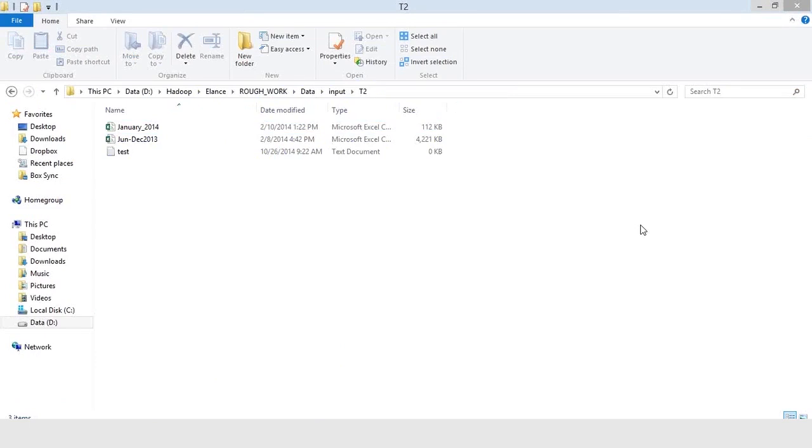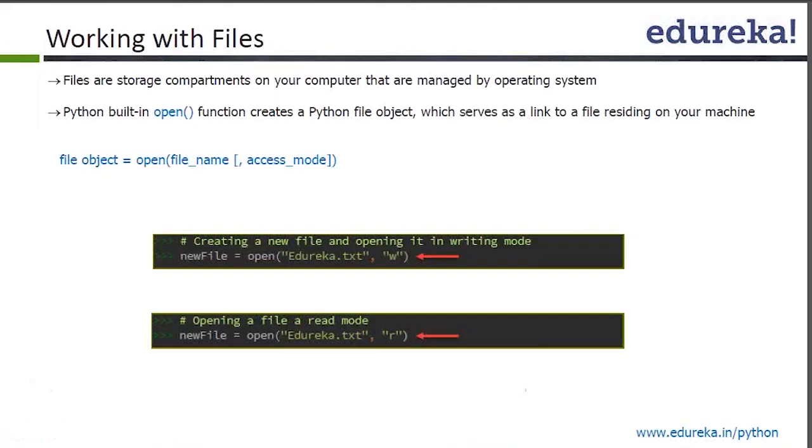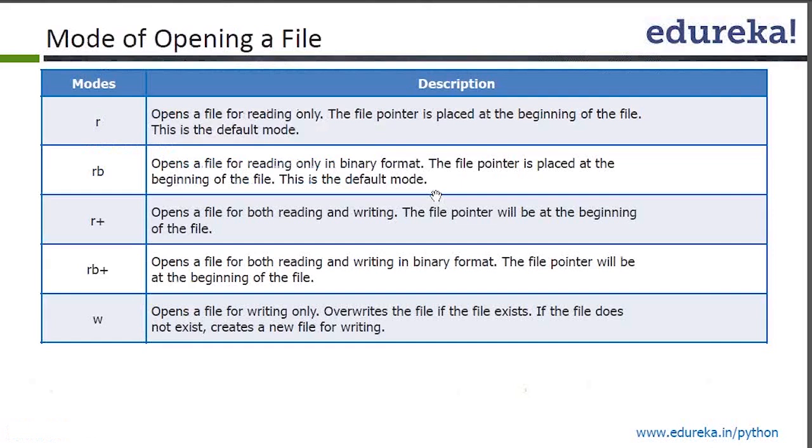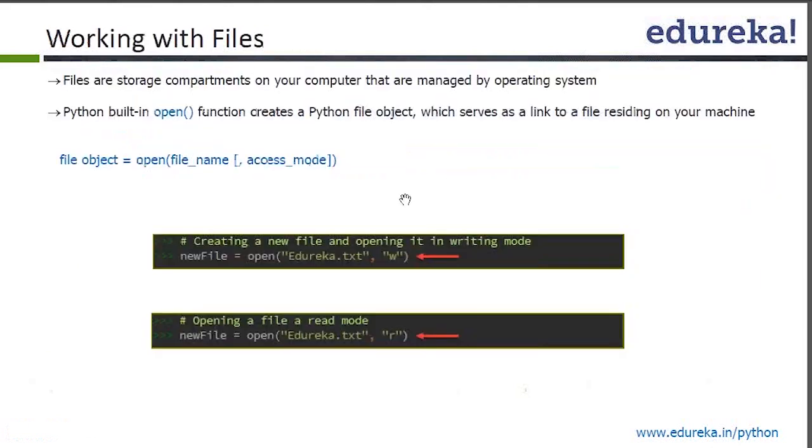There is no close option in Python. Yeah, there is a close option. We'll see that. I have not reached there. So what we would do is let's go and read that and come back to this.